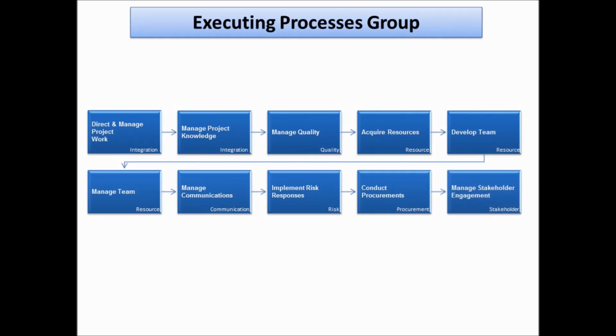Moving on to the next one, which is manage stakeholder engagement. So this is where the project manager and the team are making sure that the stakeholders are aware of what he or she needs to be aware of. Now, this is where the project manager will ensure that we have the commitment of the stakeholders at all the stages of the project, and also that their expectations are met.